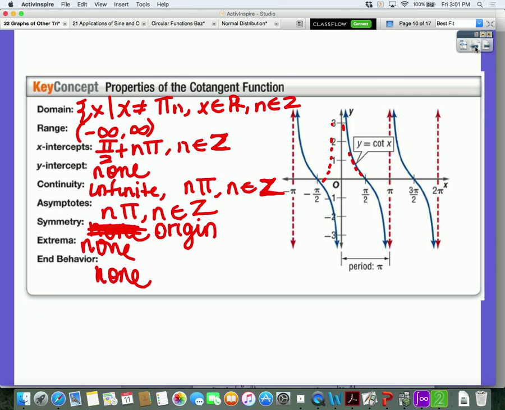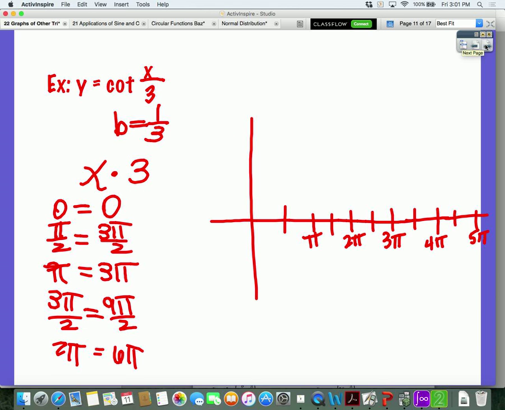Because if you recall from cotangent, your asymptotes are occurring at 0, pi, 2 pi. So all of those are going to have your asymptotes. So this one's going to have your asymptote, this one here, and this one down here. Whereas pi over 2, or 3 pi over 2 now, and 9 pi over 2 are going to be your x-intercepts.